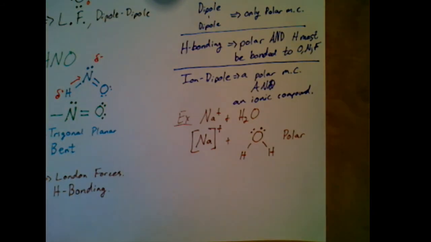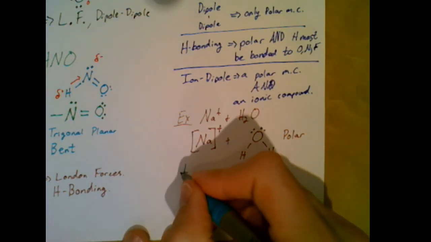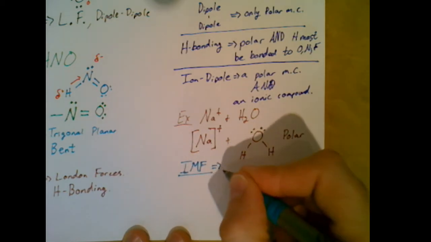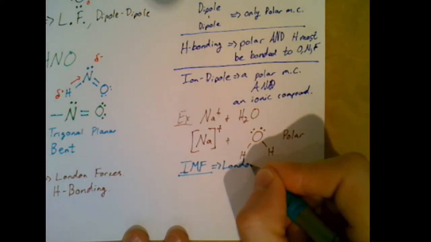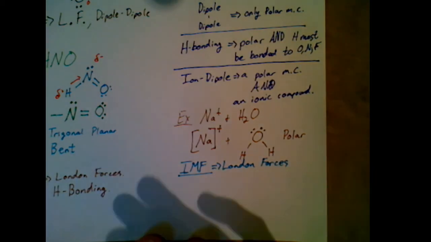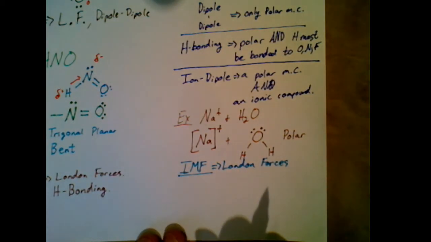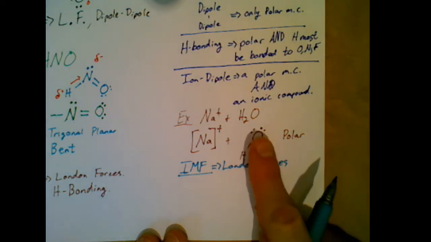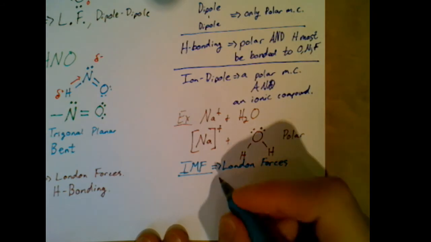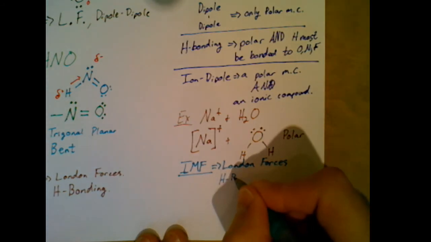So what intermolecular forces can you expect out of this mixture? Well, number one, you can expect London forces. In this, the London forces are so weak compared to everything else, it doesn't really matter, but they are there. What else do we have? Well, we have something that's polar and has hydrogen bonded directly to oxygen. You have hydrogen bonding.